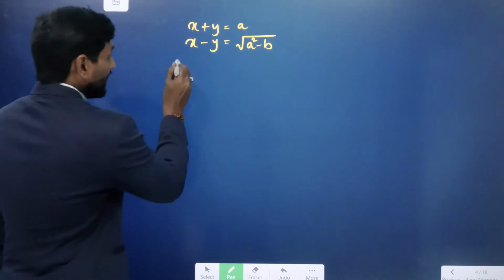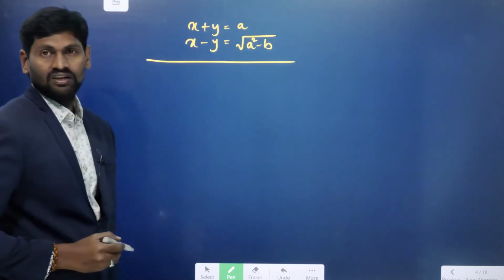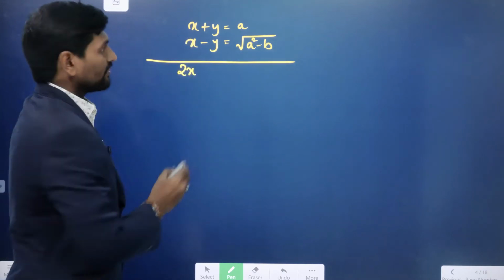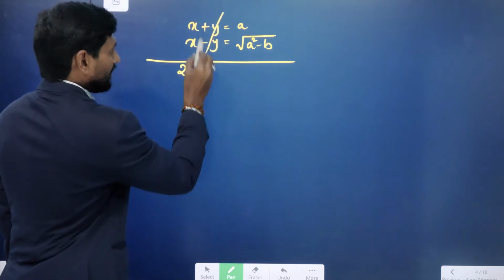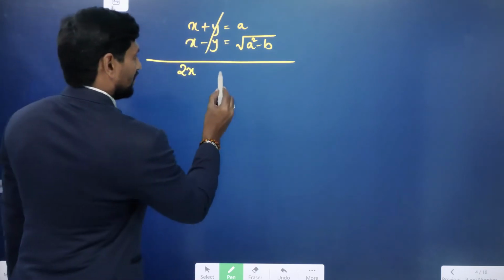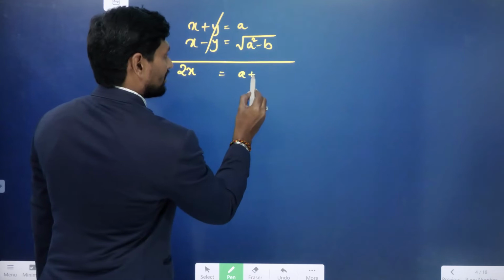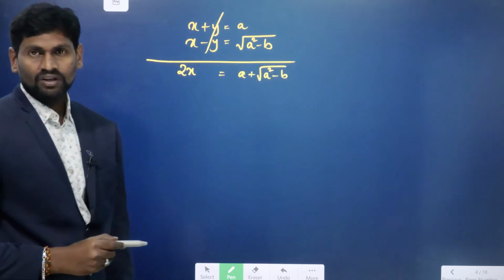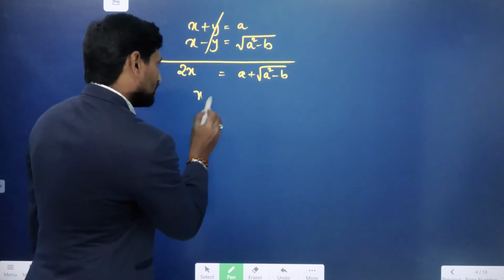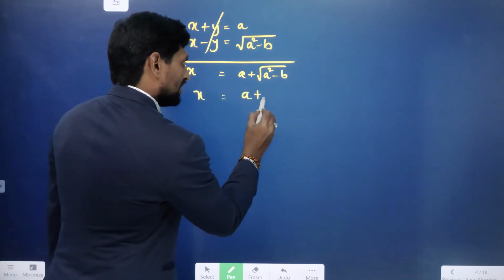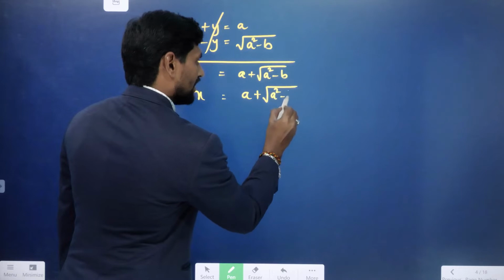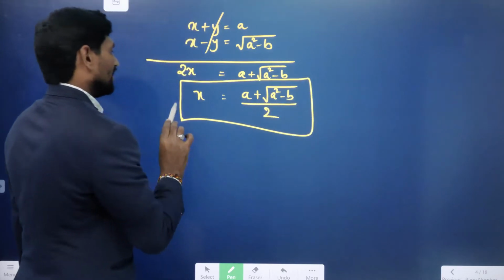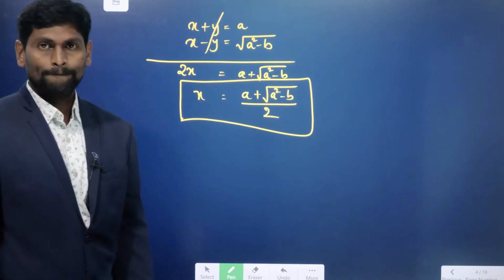I am just adding the terms. x plus x, 2x; like terms only we can add. y minus y becomes 0. That equals a plus root over a square minus b. Now the x value is (a plus root over a square minus b) by 2. This is called the positive value, the positive square root.